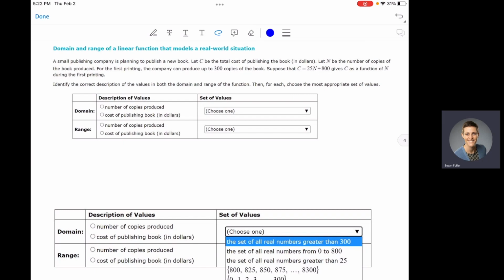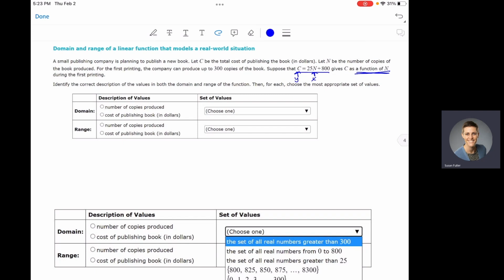And again, we need to find the domain and the range. Okay, so the domain is what can X be, the range is what can Y be. So we have to figure out in our function, what is X and what is Y. Because we have C as a function of N, that means N is our X variable, and C is over here by itself, which means it's going to be our Y variable, Y equals.